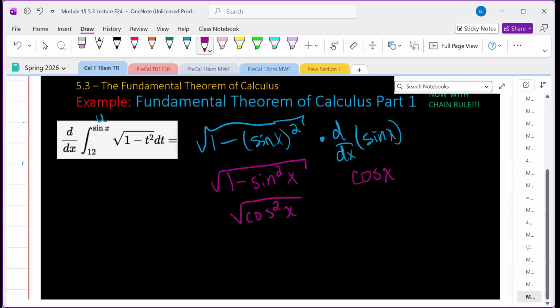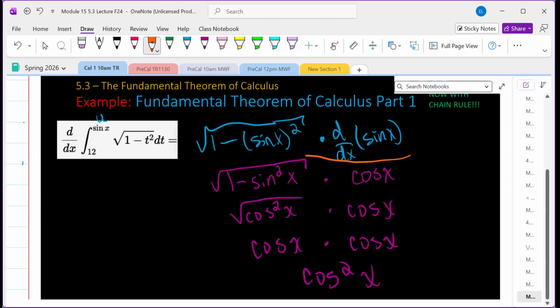And then the square root of cosine squared is just cosine. So we do actually end up with a simplified result of cosine squared x. But for the purposes of answering what they asked us, we could have just stopped there: the square root of 1 minus sine squared x times cosine x.